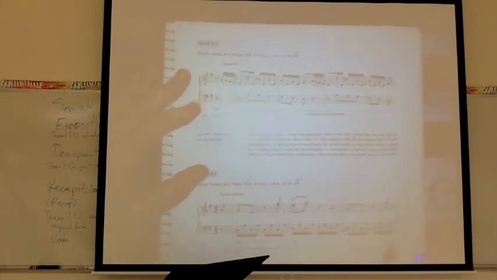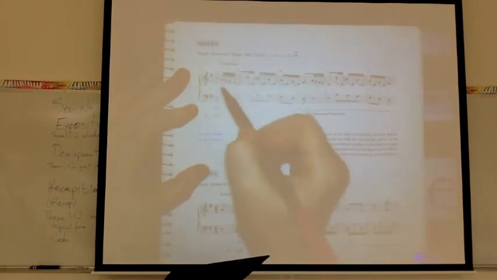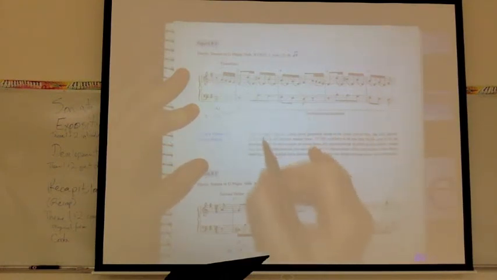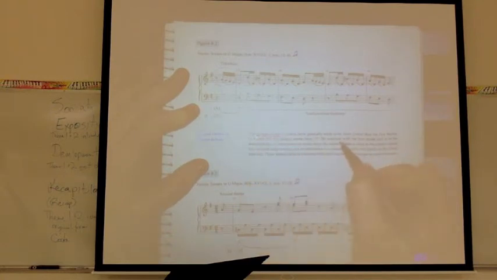So this is actually all new material, totally different, except for this. Right, so here's our little transition, non-functional harmony, and it moves us to the second theme of the sonata.